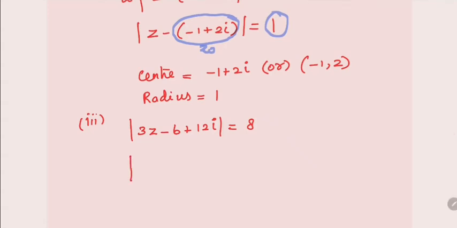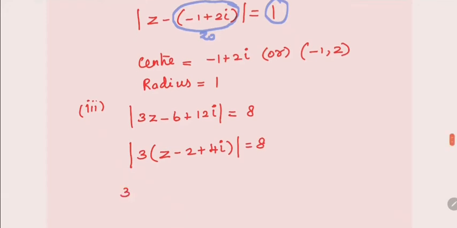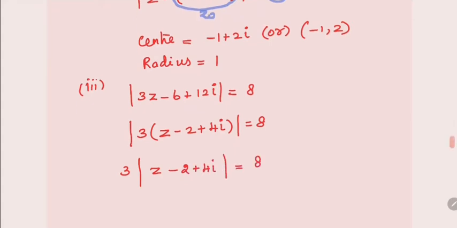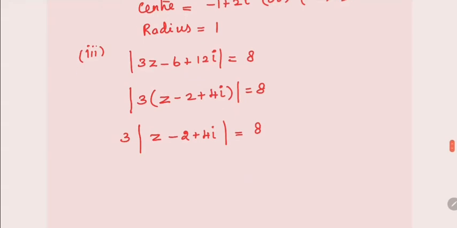For that, if you take 3 out, it is in the form |3(z - 2 + 4i)| = 8. Modulus of 3 can be taken out, so 3 times |z - 2 + 4i| = 8. Next, the 3 can be taken to the right side. So modulus of z, in between you have to write minus.